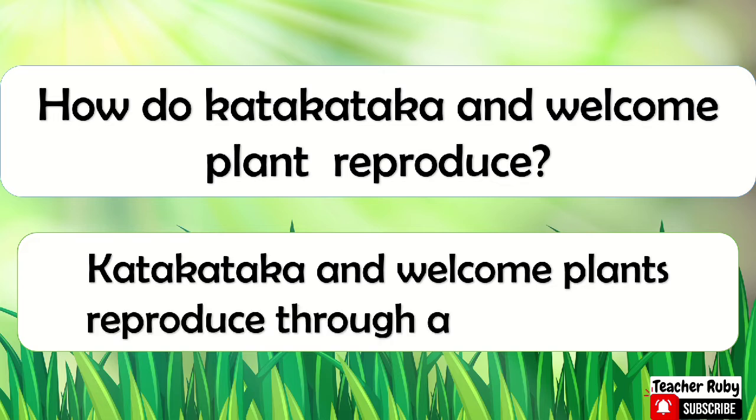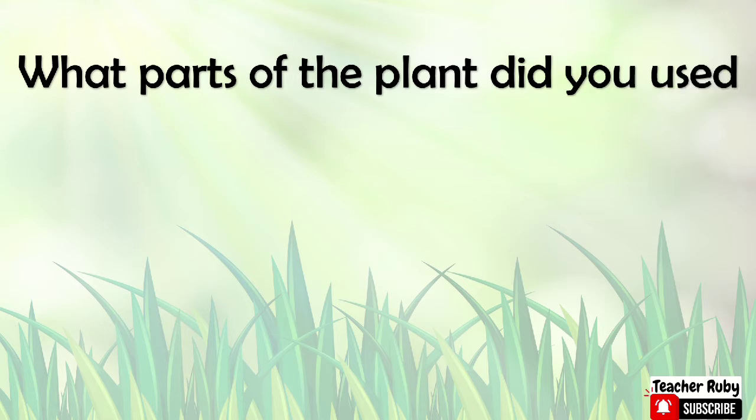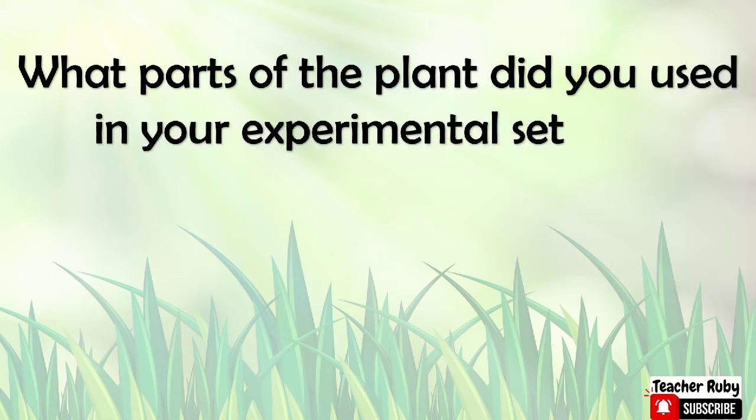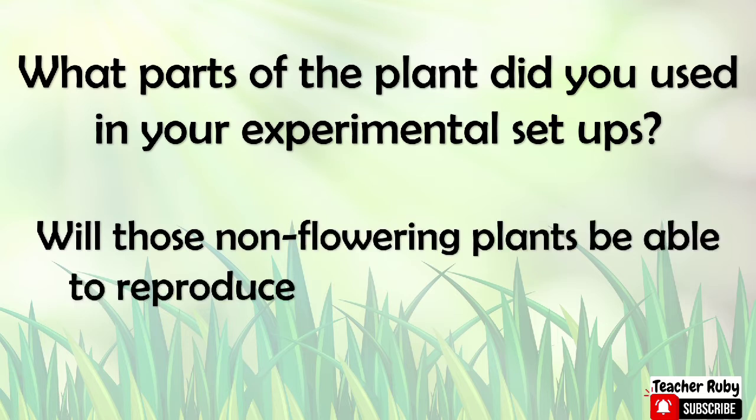Katakataka and welcome plants reproduce through leaf cutting. What parts of the plant did you use in your experimental setups? Will those non-flowering plants be able to reproduce another of their kind?